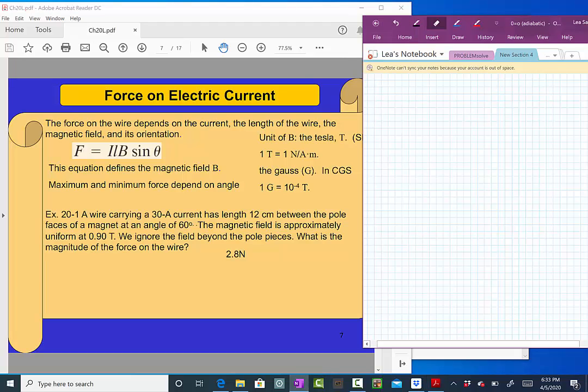So let's say the magnetic field is pointing to the right, as in the example that we had before. When we put the current going into the page, we got a big force on this wire. But if now, instead of putting it into the page, I put the current in the same direction as the field, there would be no force.